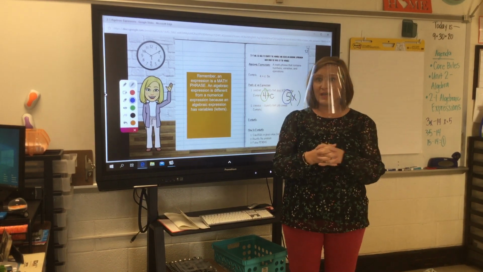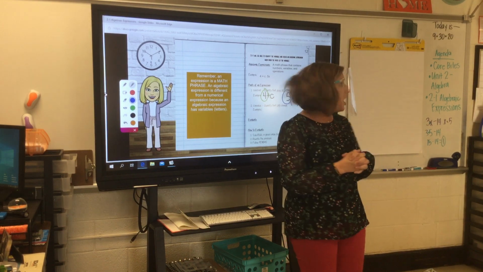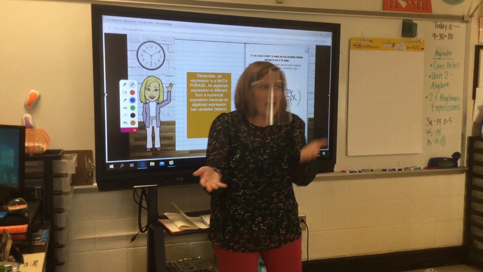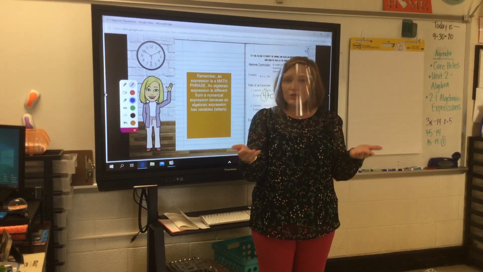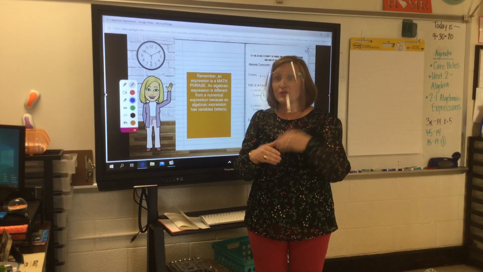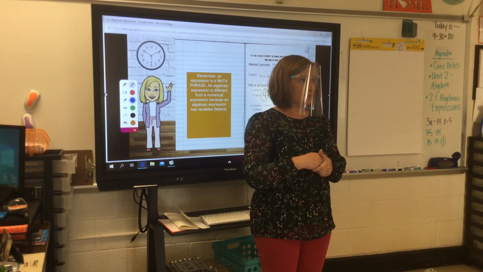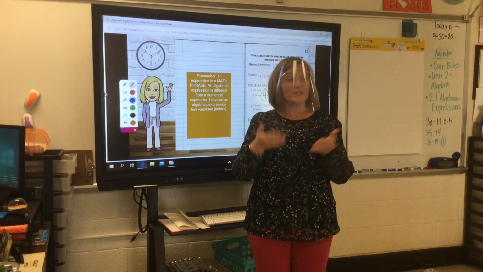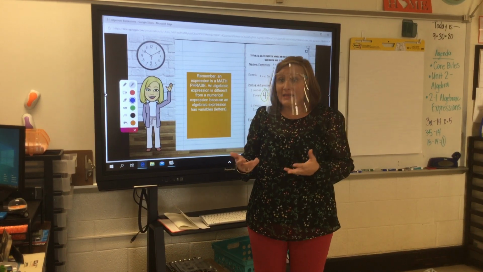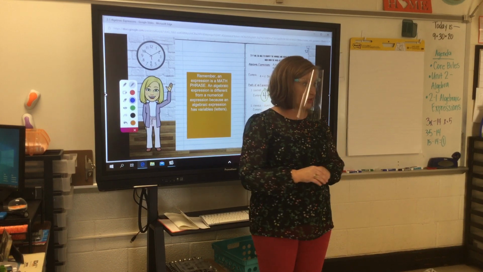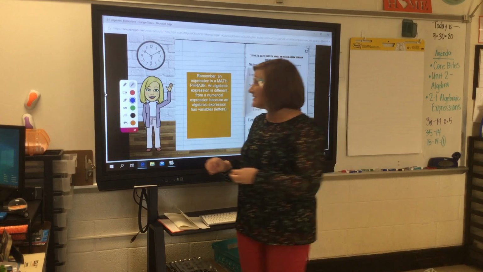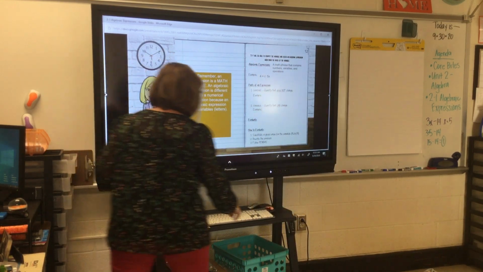Is the temperature the same every morning? No. Is it even the same at lunchtime as when we woke up? No. So is the temperature variable or is the temperature constant? Variable. It changes. It varies. What time I eat sometimes changes, right? So the variable is the quantity that does change.